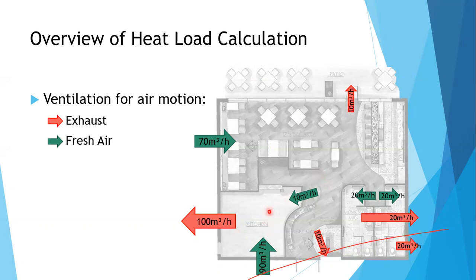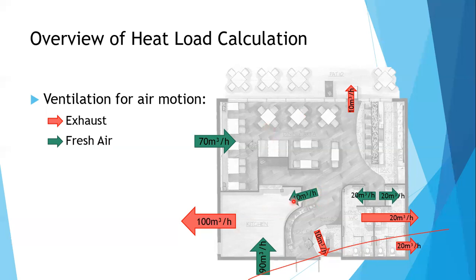So opposite principle here in the dining area. In the dining area, you don't have exhaust, but you're pumping in 70 cubic meter per hour. Where will this 70 cubic meter per hour go? Because you are pumping in 70 cubic meter per hour, this area will become positively pressurized. Because it's positively pressurized, air will naturally want to go out where it is easy.